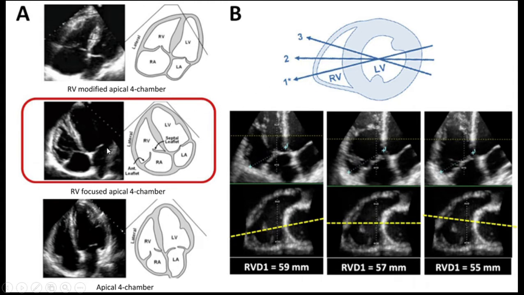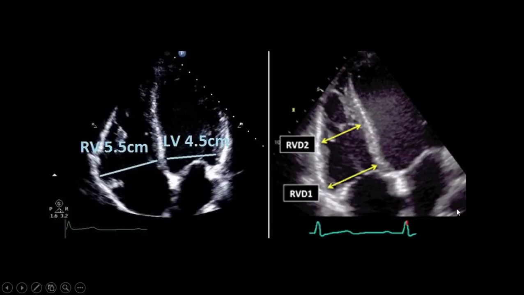So for measuring right ventricular dimension, we twist our probe counterclockwise until we still have the largest diameter of the left ventricle, but we get the largest diameter of the right ventricle too. In that way, our measurement will be correct. There is another rule for this measurement.